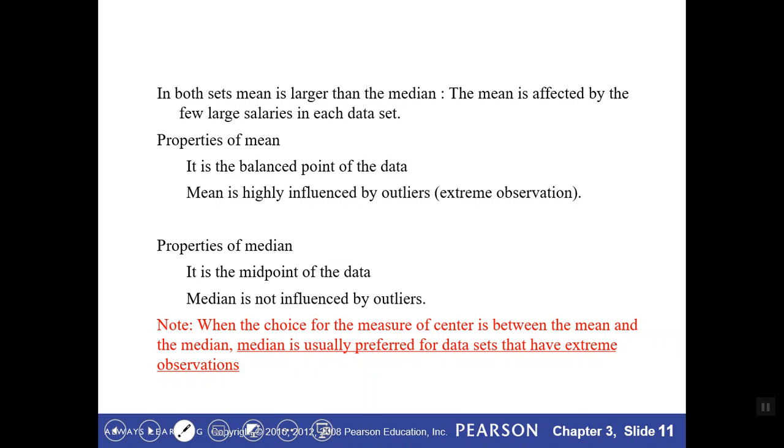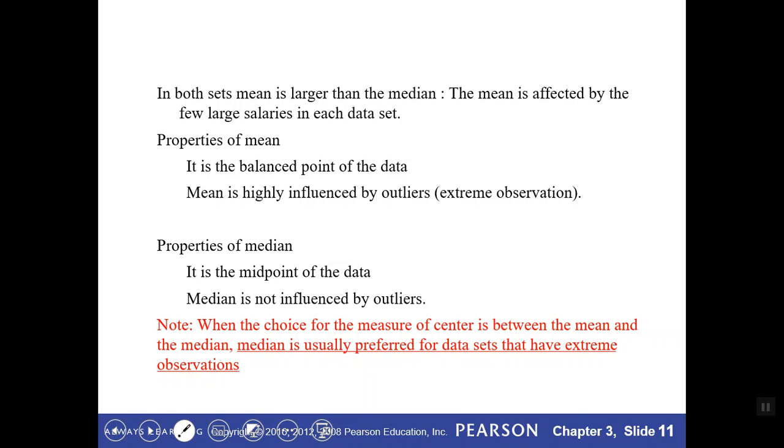What about the properties of median? It is the midpoint of the data set. Median is not influenced by outliers. Why? When we calculate the median, we do not consider the value of each observation. We consider their position. So it doesn't matter whether we have outliers or not. That is a plus point for the median.